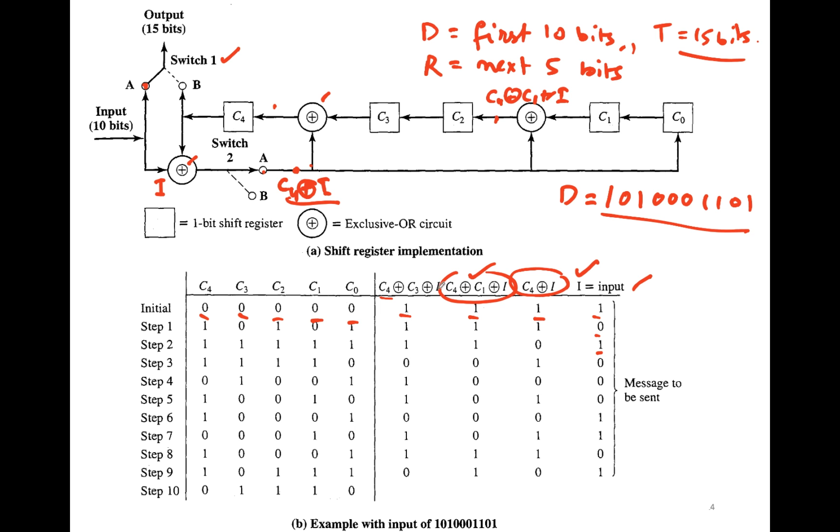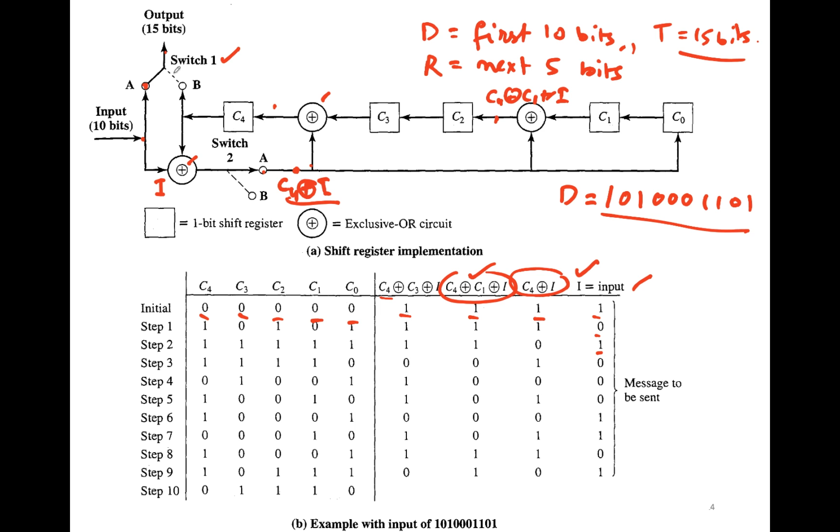So C3 plus C4 plus I will be 1, C4 plus C1 plus I will be 1, and C4 plus I will be 1. Now in the next step, whatever is coming here is also getting to the output. So the first 10 bits input is also the output.